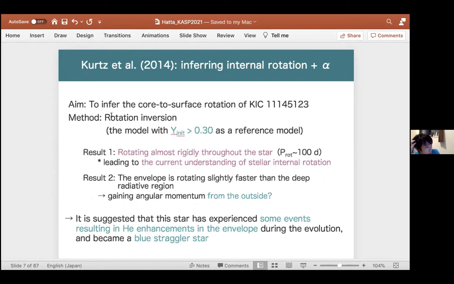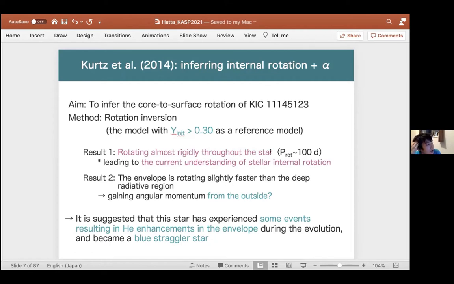To do that, they carried out rotation inversion, using the model with the high initial helium abundance as a reference model. And they obtained two results. The first result is, again, very important: they found that this star is rotating almost rigidly throughout the star. This result leads to the current understanding of stellar internal rotation.